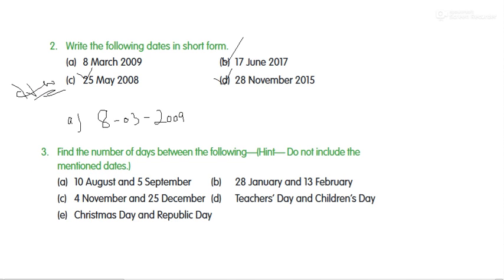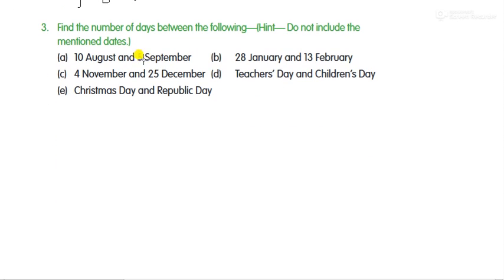So the third bit is: find the number of days between the following. Hint: do not include the mentioned dates. So here we have to not include the given dates. The A bit is 10th August and 5th September. We have to calculate from 10th August to 5th September.